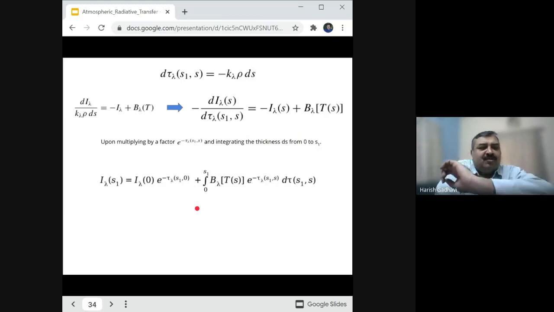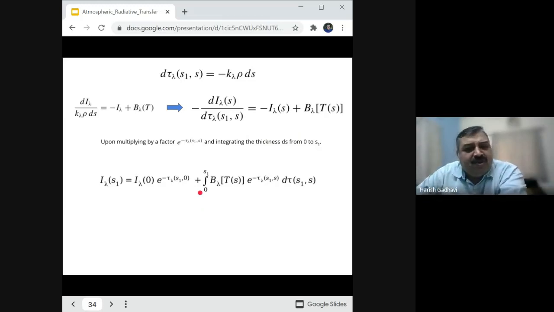Now let us say you have this solution, and you are thinking about the radiation at the top of the atmosphere, coming downward to the Earth. If you are doing this, what would be the typical terms?